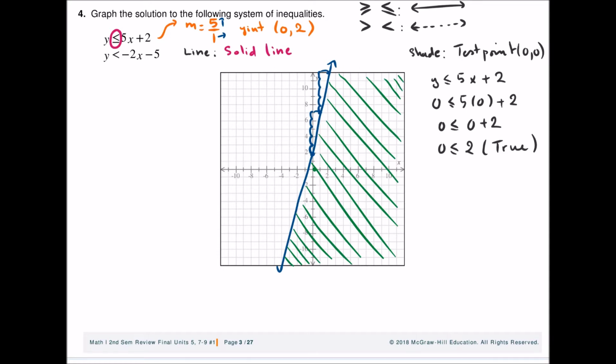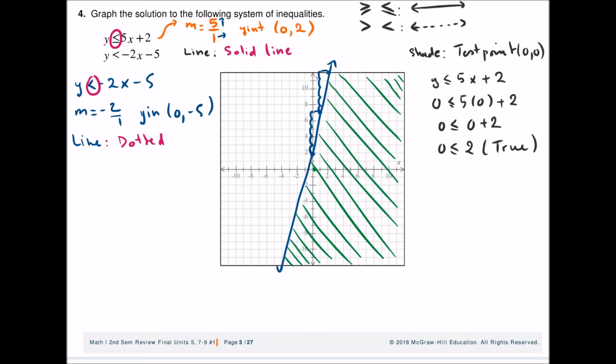Okay, we're going to do the same for the second equation: y less than 2x minus 5. Our slope was negative 2 over 1 and the y-intercept is 0, negative 5. Since the sign is less than only, without the equal sign, that will be a dotted line.